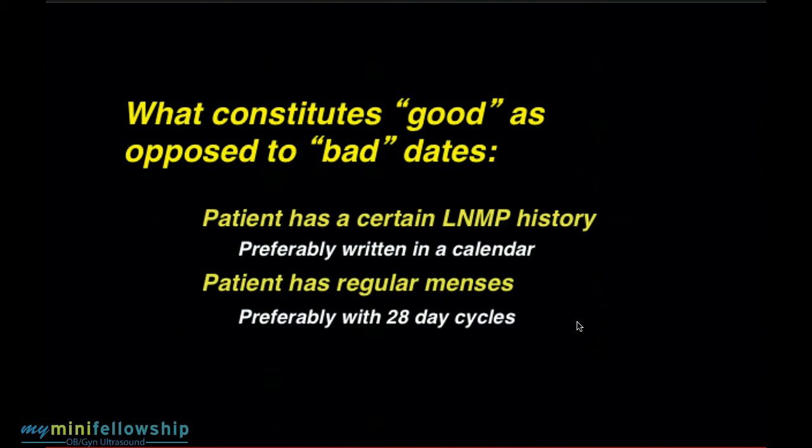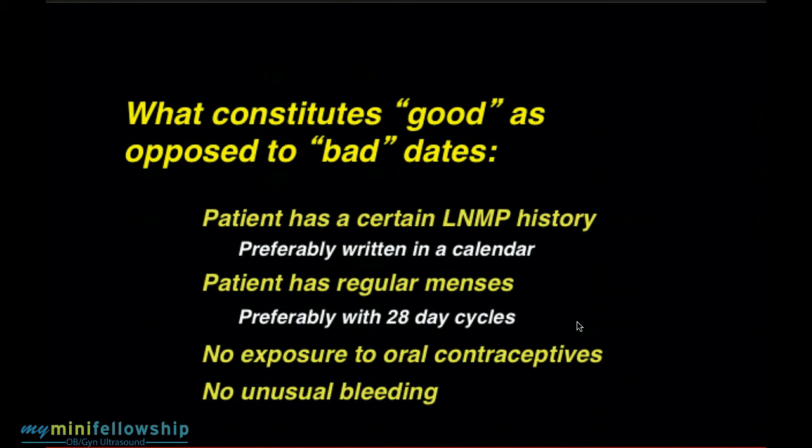Once women get out to a 36-day cycle, then using their dates has some inherent inaccuracy. The patient should not have had exposure to oral contraceptives in the past 6 months, and the patient should not have had any unusual bleeding events. So this constitutes good dates. Everything else is bad dates.